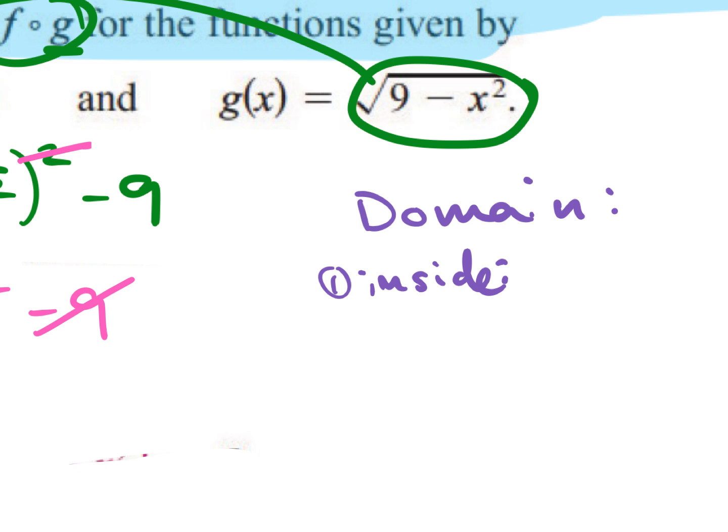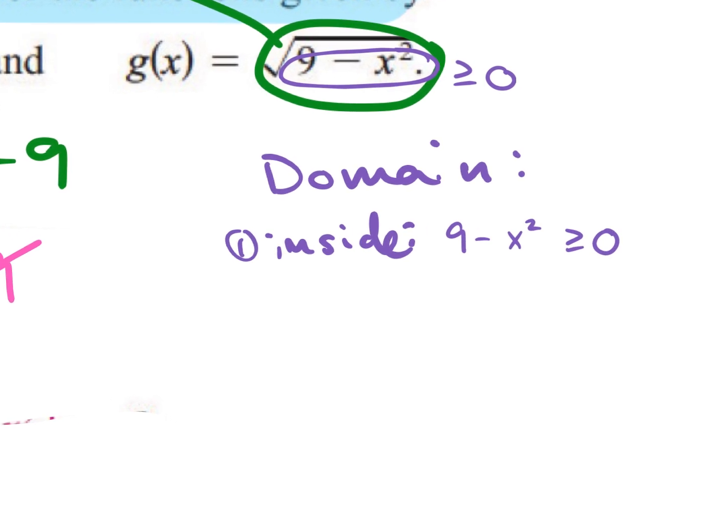Can't have a negative. So we'd set whatever's under our square root greater than or equal to 0. So 9 minus x squared is greater than or equal to 0. We're going to solve the same way here. I'm going to add x squared to both sides. 9 is greater than or equal to x squared.